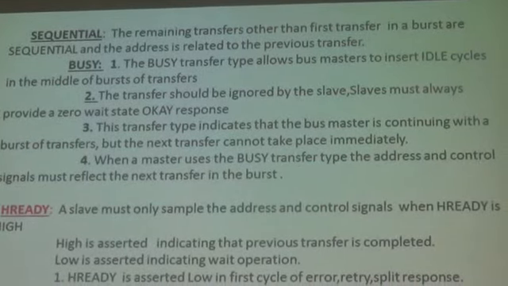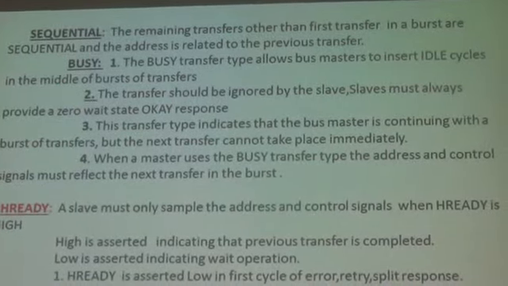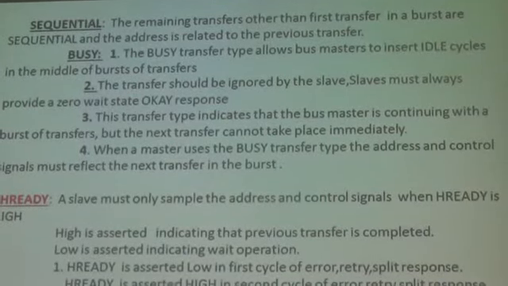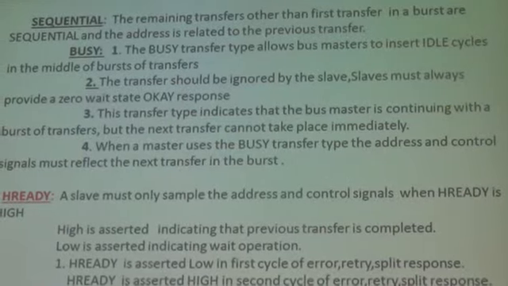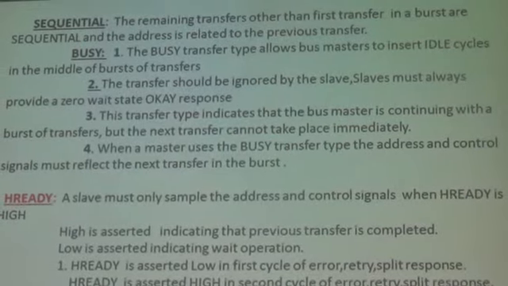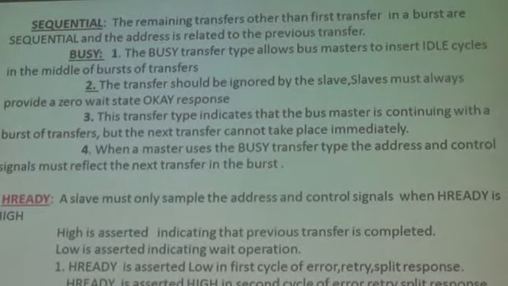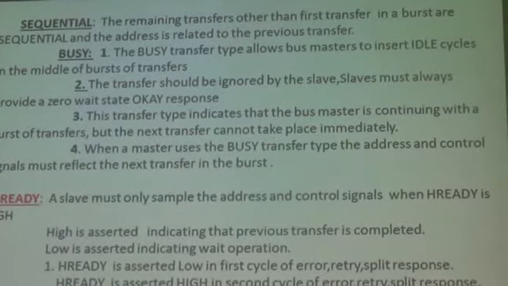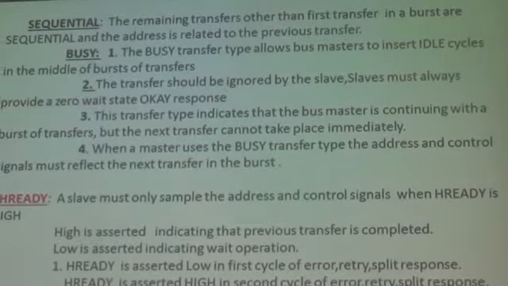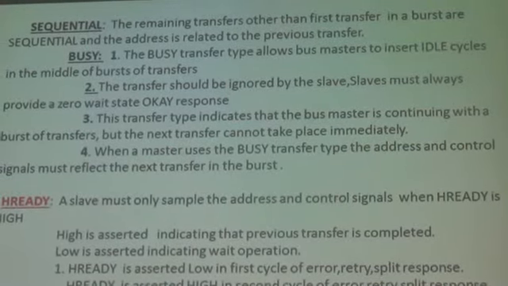What this mainly intimates, when there is a busy in the burst of transfers, is that the master is continuing the burst of transfer, but the next transfer cannot take place immediately. That means it takes some time, and that's why it shows busy.